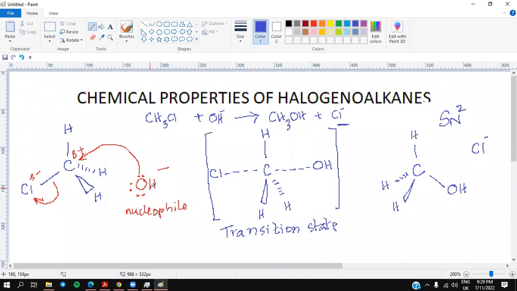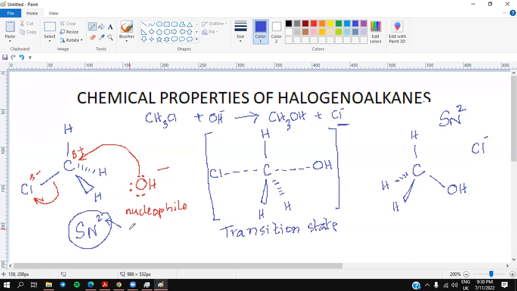Because both are equally important, we call it Sn2. The 2 means there are 2 species participating in the reaction initially to begin the reaction. The reaction will initiate due to the participation of both nucleophile and the halogenoalkane. Therefore, we call it Sn2 reactions.